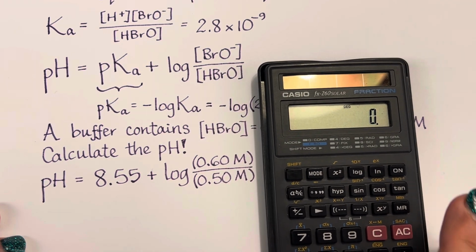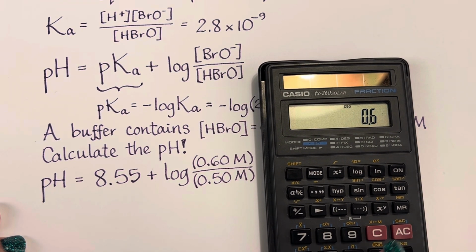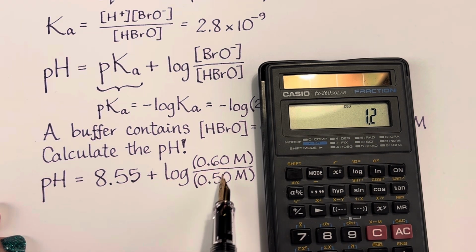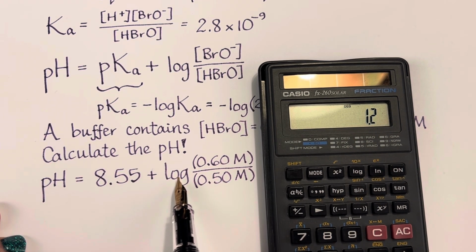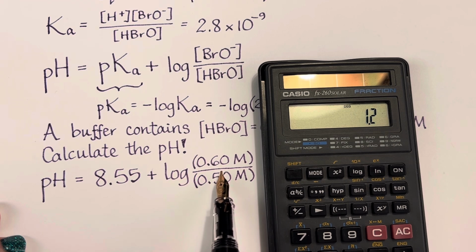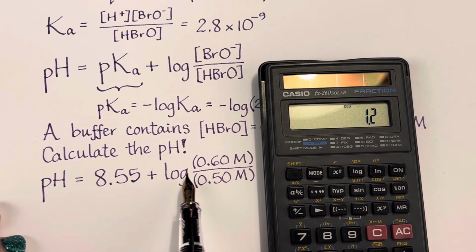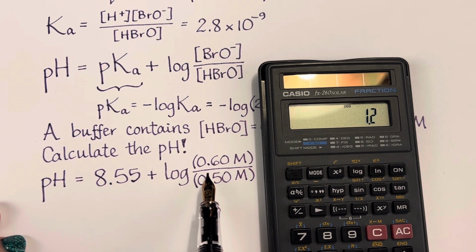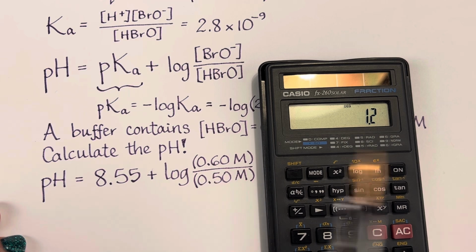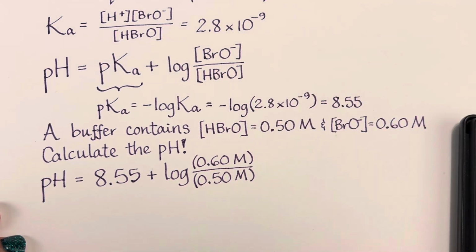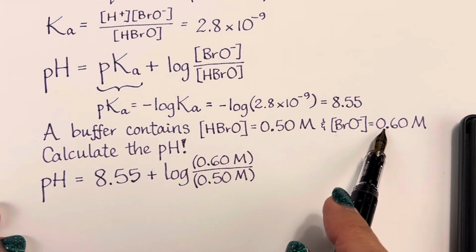Let's divide 0.6 by 0.5. That is 1.2. The base 10 log of a value that is greater than 1 is a positive value. And you might say, okay, who cares? But this is relevant because notice how we have more of the base.